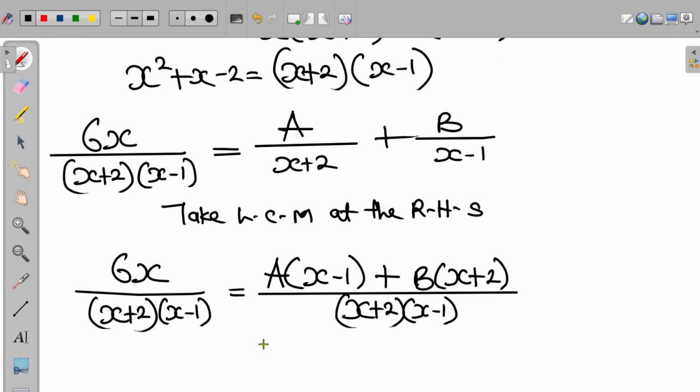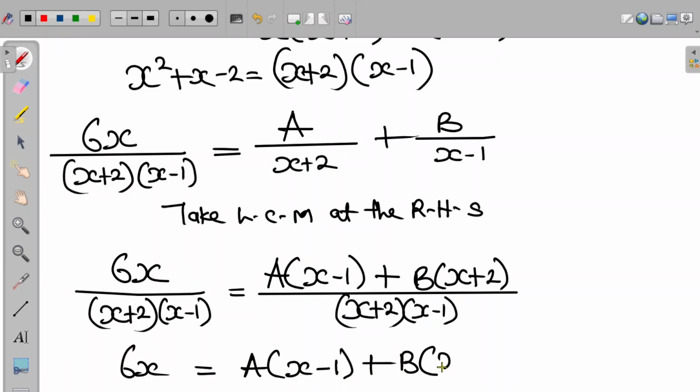Now, notice that looking at the left-hand side and the right-hand side, it's obvious that the denominators are equal, thus we equate the numerators. So we have 6x equal to a multiplied by x minus 1 plus b multiplied by x plus 2.